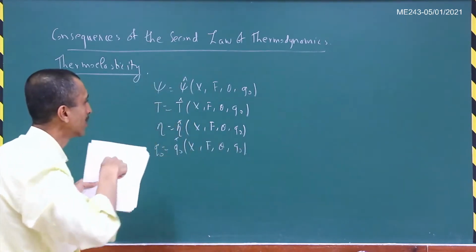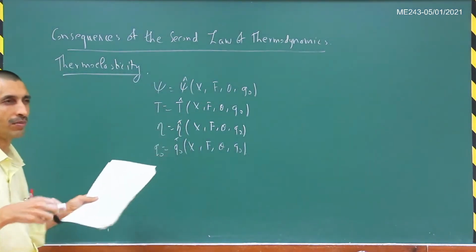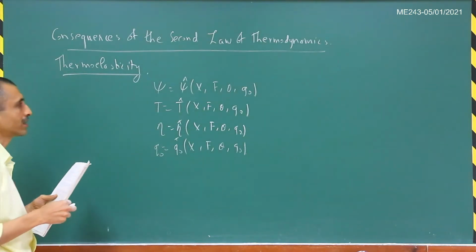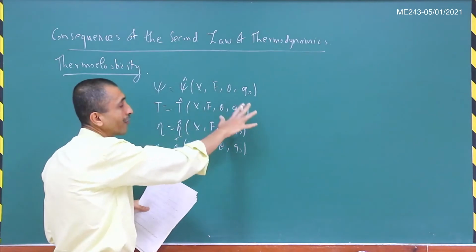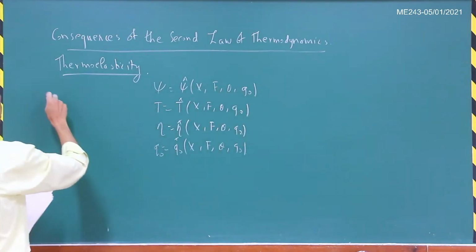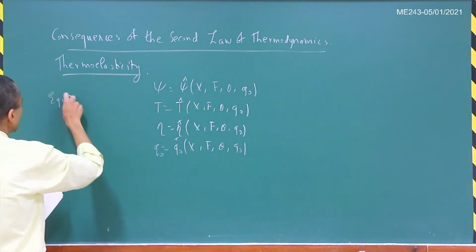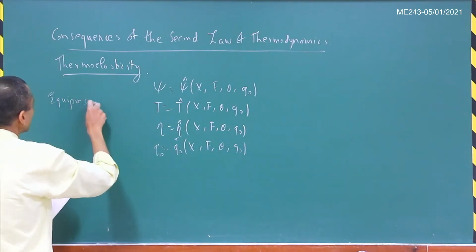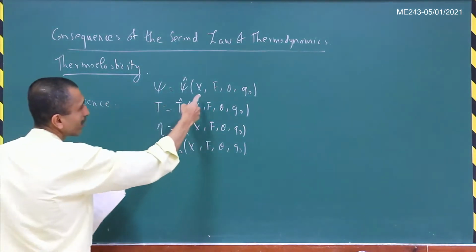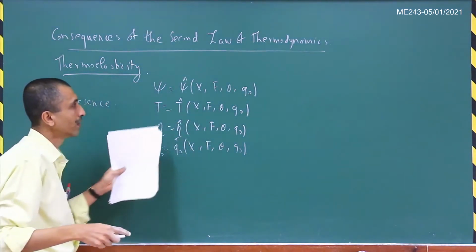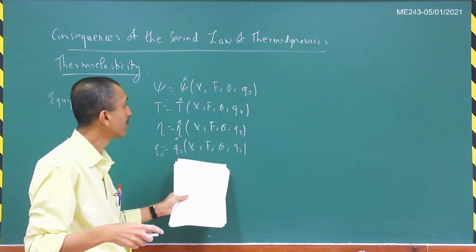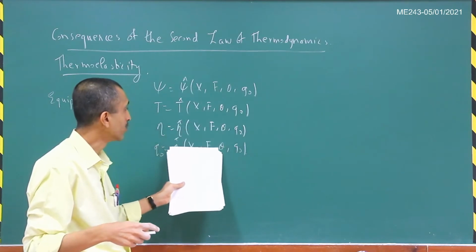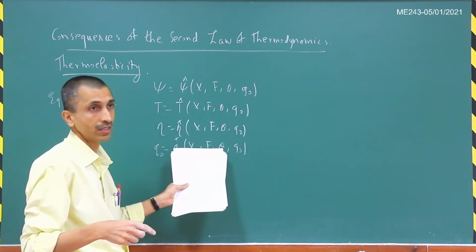So now several important points need to be mentioned here. First is that we are following this principle of equipresence. So whatever kinematical variables we assume for one of the constitutive relations, the same kinematical variables we will assume in all the remaining constitutive relations as well.